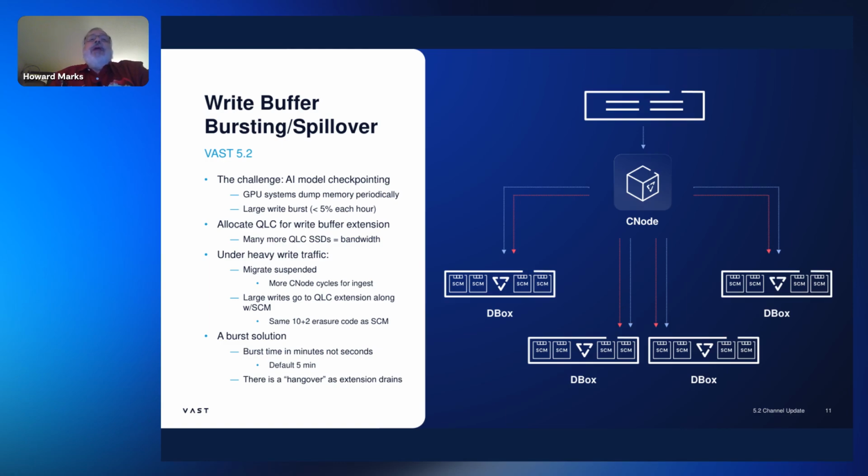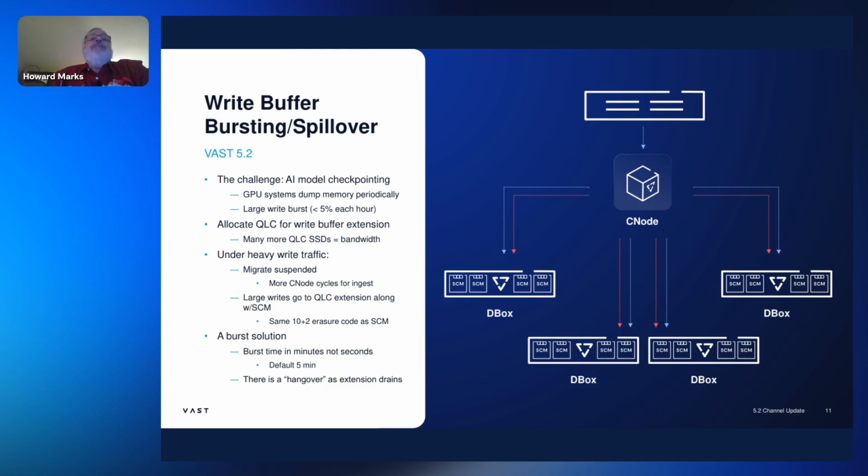NVIDIA generally recommends checkpointing occur no more frequently than once an hour, and that checkpoint take no longer than 5% of the time between checkpoints. So if you're building a system, periodically there's going to be a large flood of large IOs as the servers dump their memory.